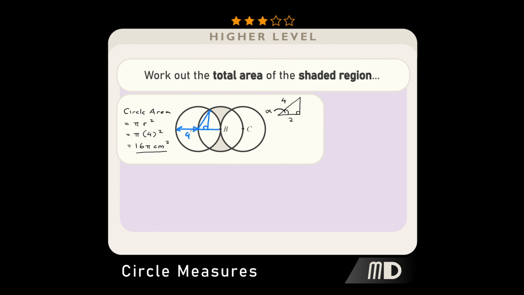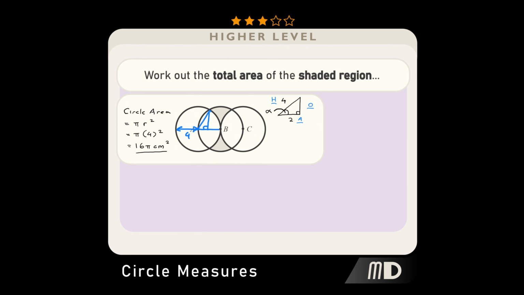First, by labeling the sides hypotenuse, opposite, and adjacent. The appropriate trigonometric ratio is the cosine ratio.